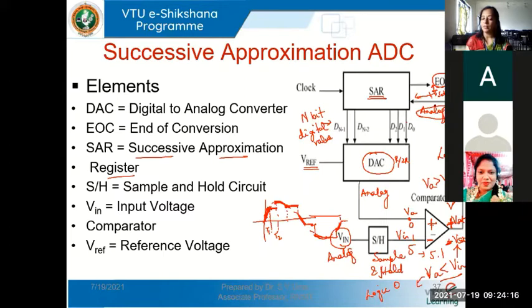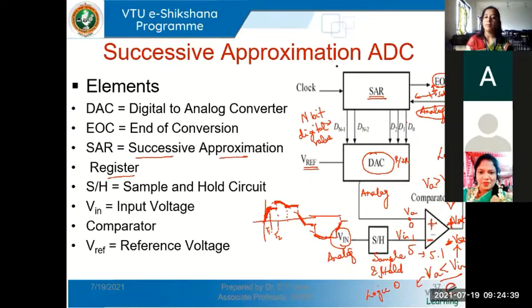So output of this will be at logic 0 or minus Vsat, and that is fed to the successive approximation register. This successive approximation register will make an approximate digital output for this. It may start off with a digital output which is half the value.